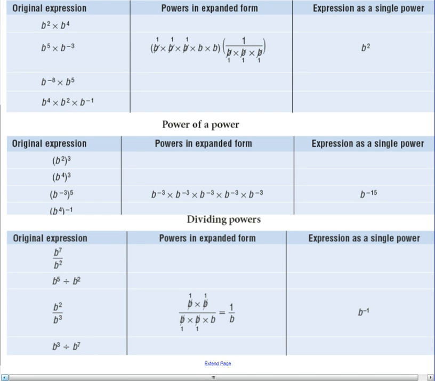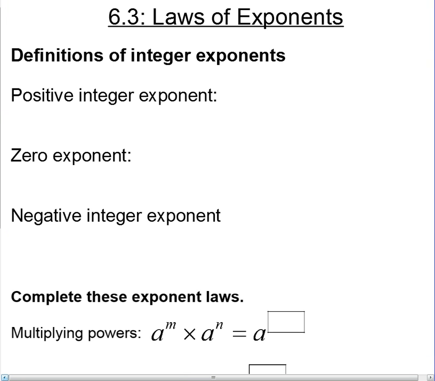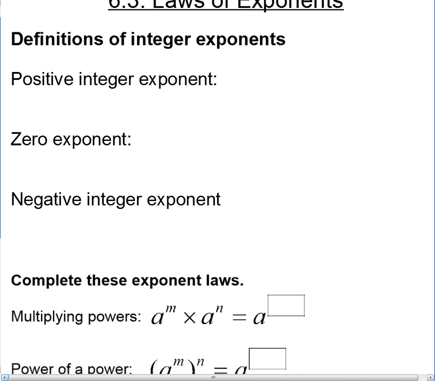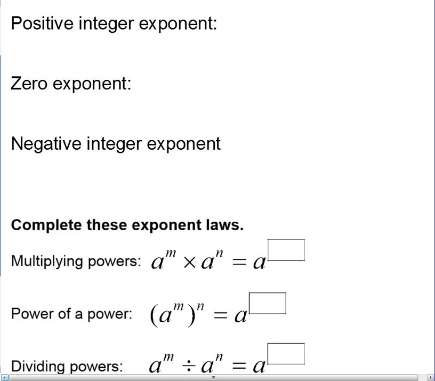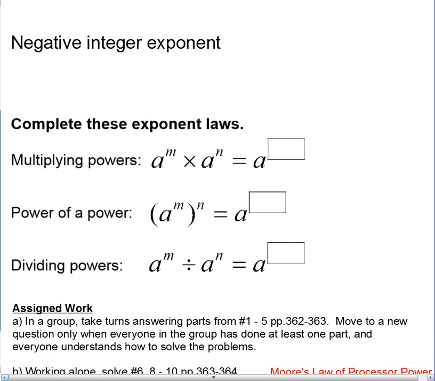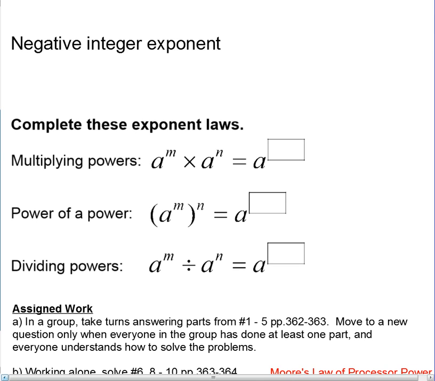In each case it's going to lead to a summary of those laws. You should have this handout already, and you should fill in the definitions for positive, 0, and negative integer exponents. And then after the investigate in class, you'll be able to fill in the completed exponent laws for multiplying, dividing powers, and taking the power of a power.